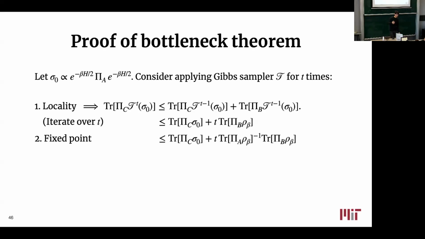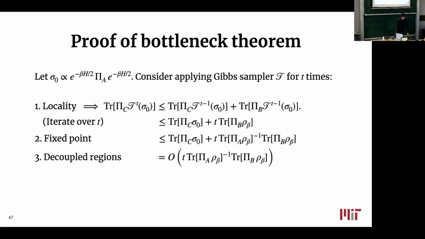So you apply the fixed point condition t times, and you get this last inequality. And then finally, you apply the decoupled regions assumption to say that your first term here is smaller than the second term without the little t.